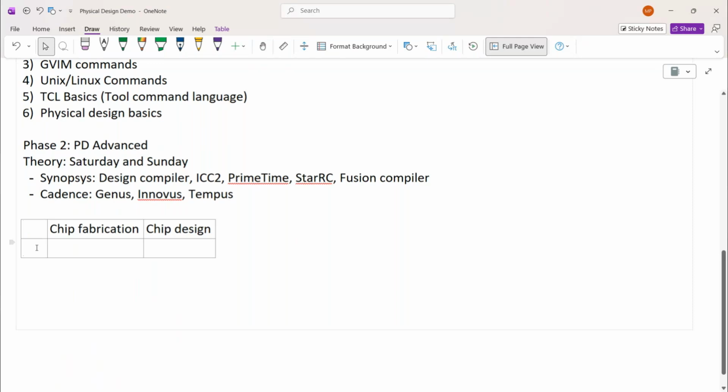We will always be part of the design team. Fabrication happens in the foundry, the fab labs. That's a kind of factory, and we call it a foundry. If you have learned it in your college days, there is a lot of chemical process that goes on.